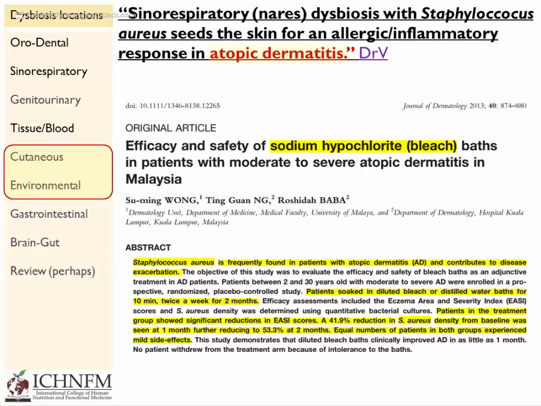A 42% reduction in Staphylococcus aureus density from baseline was seen at 1 month, further reducing to 53% at 2 months. Equal numbers of patients in both groups, that is the treatment group with the dilute bleach baths as well as the distilled water group, both experienced mild side effects. So obviously not too much to be concerned about if the adverse effects of dilute bleach are comparable to distilled water.